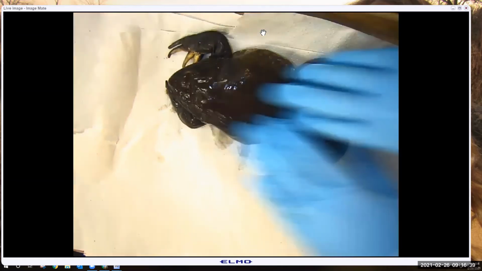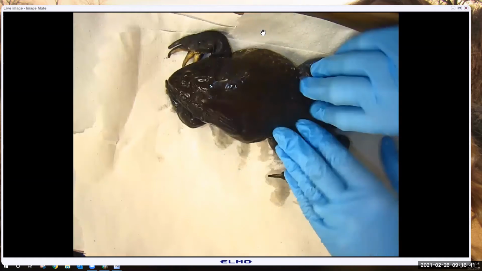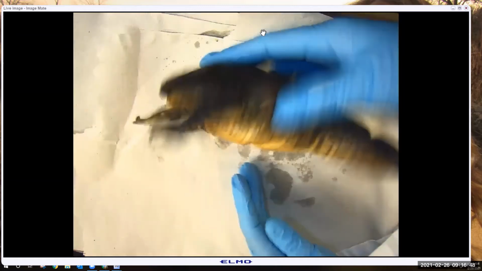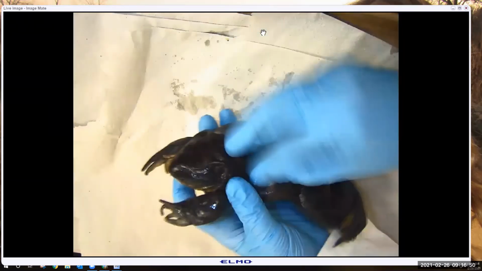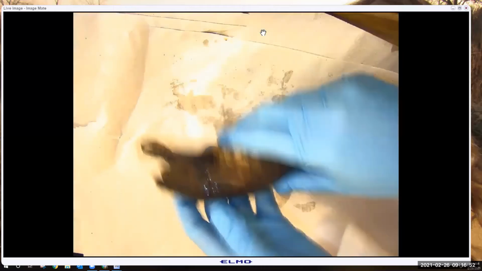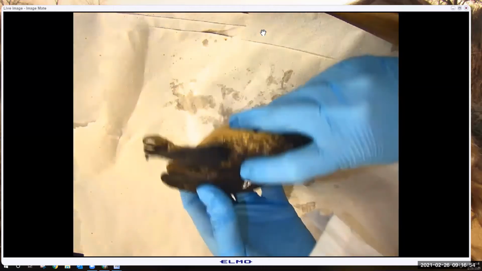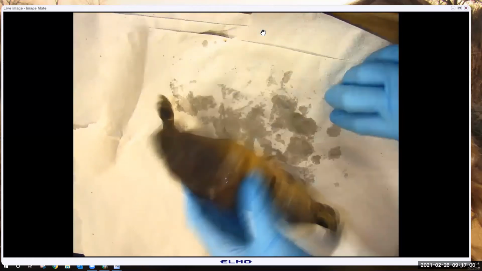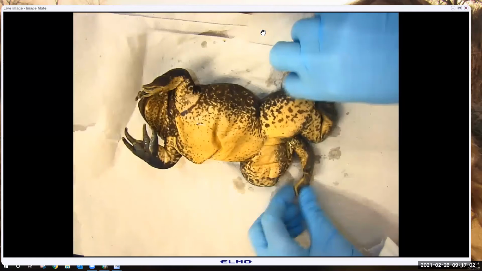Obviously, no fur, no hair. Gills for this frog, no, he's an amphibian. He does not have gills. I'm looking over here where gills would normally be on a fish. There's no gills here on the frog. No antennae. He is not bipedal because he's going to walk on all 4 limbs.